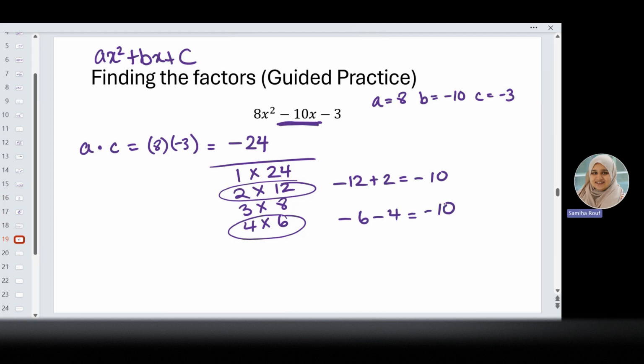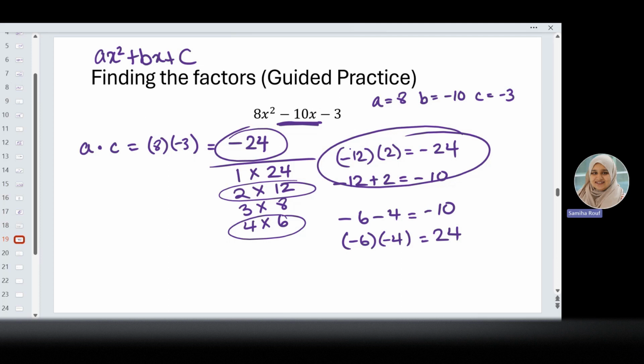Okay, now the question is, well, which one is it? Now remember, we are trying to get -24, and the pair should multiply to -24. If I multiply -12 with 2, I get -24. If I multiply -6 with -4, I get +24. So this is the pair I need. I need -12 and 2.